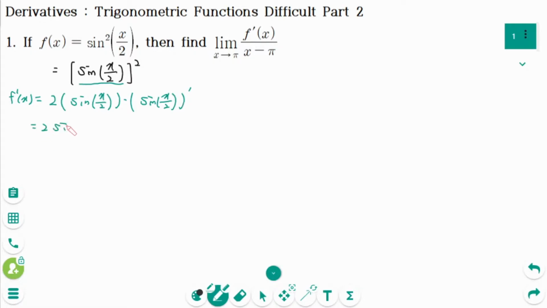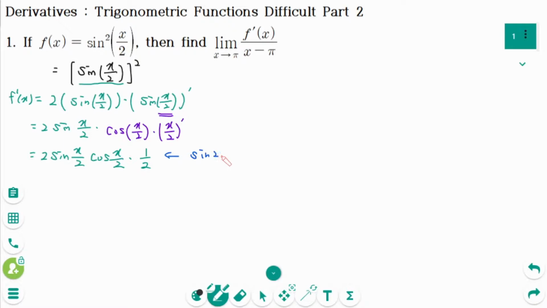Then 2 sine x over 2 times, now u equals x over 2, then the derivative of sine u equals cosine u times u prime, equals 2 sine x over 2 times cosine x over 2 times the derivative of x over 2, which is 1 over 2.